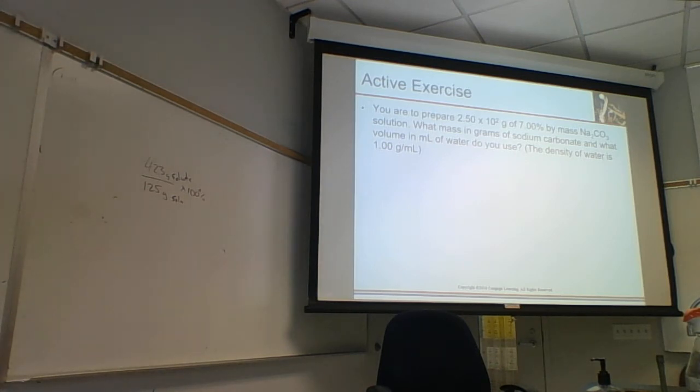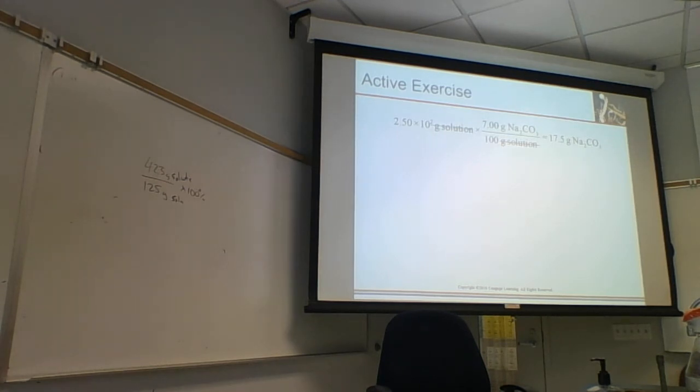Well, 50 grams would require half that, so that's 3.5 grams. And so 250 would be 17.5 grams of sodium carbonate. So this one we could do in our head pretty much. Don't have to, but we could do it. 17.5 grams of sodium carbonate.